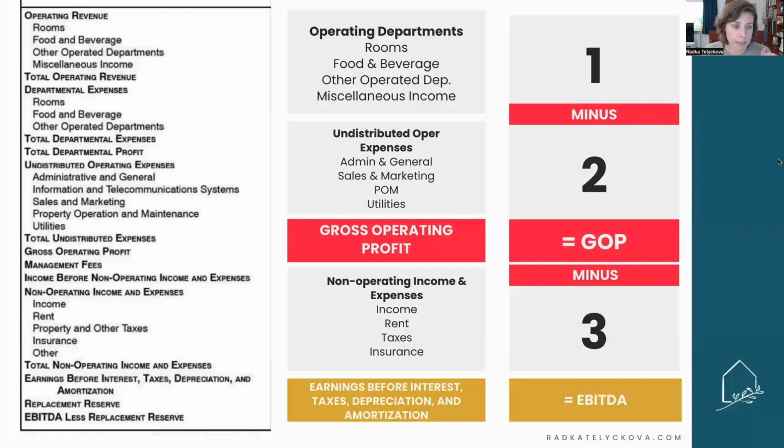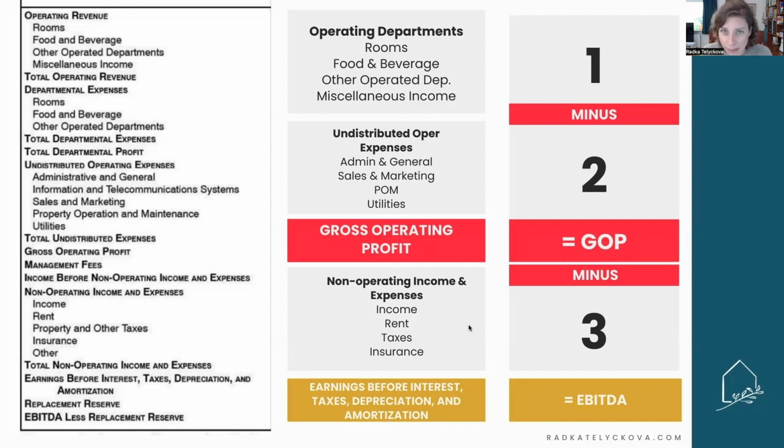This is additional income which is not related to operating a hotel. For example, your interest. You have been very successful, you have been making a lot of money, it's sitting in a bank and you are collecting interest.